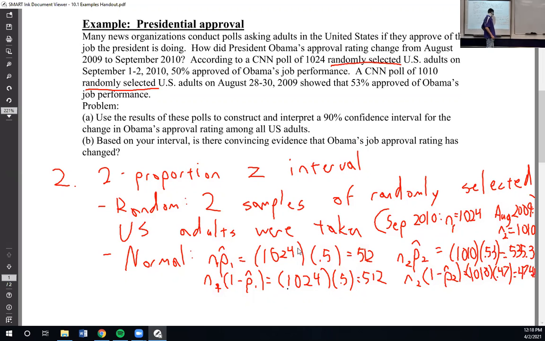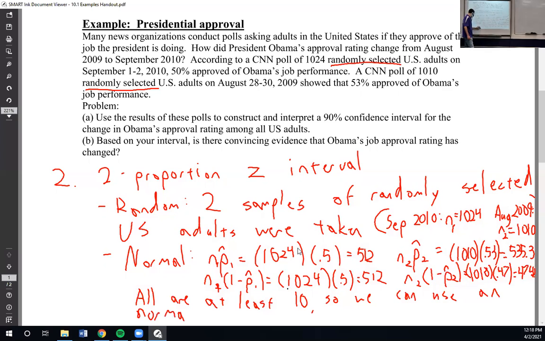All are at least 10. So we can use an approximately normal distribution, or a normal approximation is what I usually say. A normal approximation.